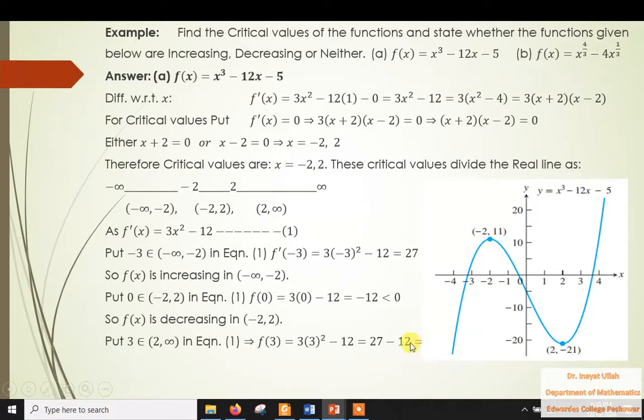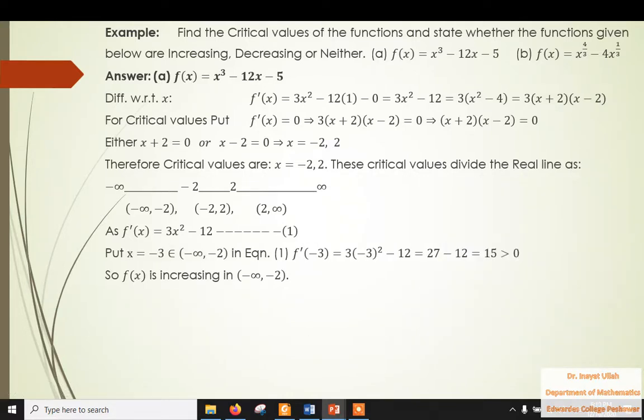So again 15 is missing here, so that is 15, and 15 is positive. The derivative of the function, that is actually f prime 3. F prime is missing here. I'm going to correct this f prime.